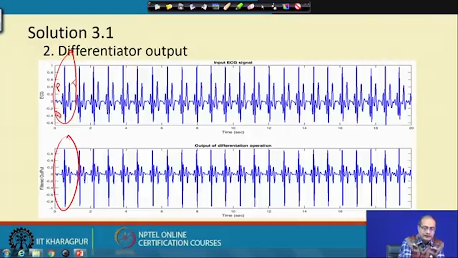Q and S have got modified, but they are accentuated. In fact, here the R was bigger and S was comparatively smaller. Now, R and S both have become high. Okay. So, we can say overall the QRS complex has become much more prominent and well separated from the P and the T wave.